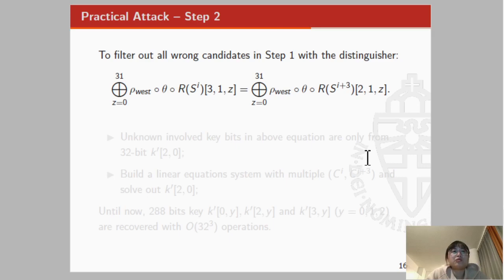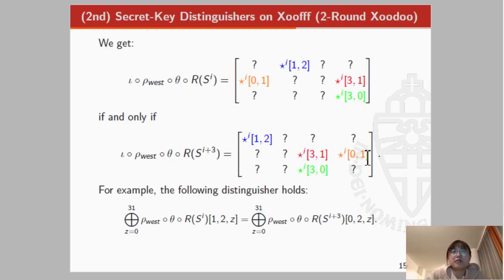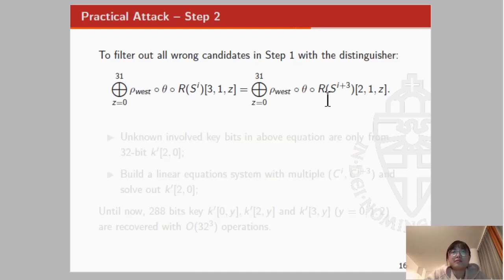Firstly, we should filter out all wrong candidates remained in step 1. We just use the equivalent parity on this line and this line marked by the blue color. For each pair, we can build a linear equation.